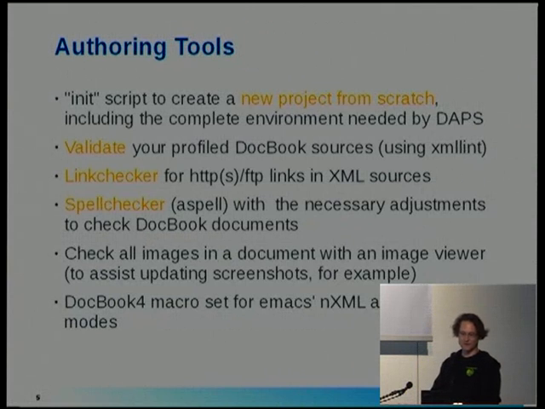It has a link checker for HTTP and FTP links. You can spell check your documents. You can check all images in a document or a book with an image viewer that easily allows you to update your screenshots. And what's more, it has a DocBook 4 macro set for Emacs, nXML, and PSGML modes.